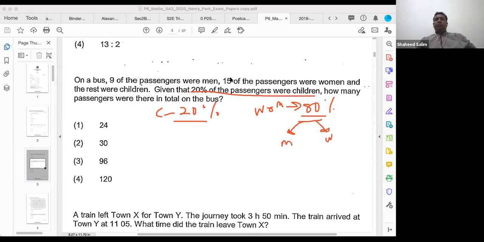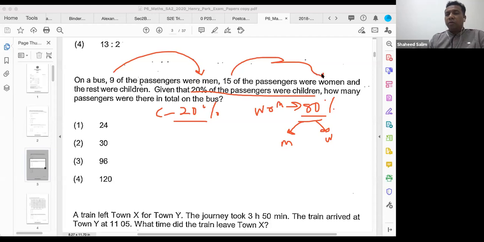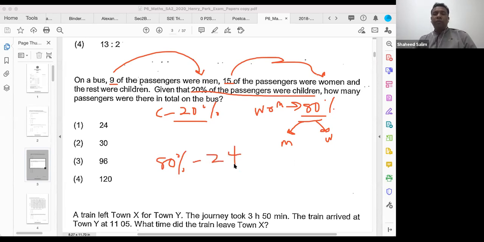Now they tell us 9 of them were men. 15 of them were women. So total of men and women is how much? 15 plus 9 is 24. So 80% is 24. You want to find 100%. Okay, you can reduce to 20%. Divide by 4.